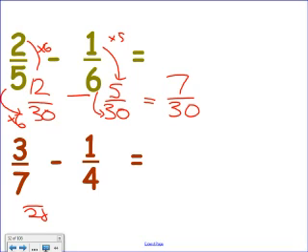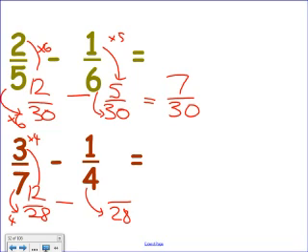I worked out that 7 times 4 equals 28. So that becomes our common denominator. Brilliant. And then to get from 7 to 28, I times it by 4. Brilliant. And then obviously you times your 3 by your 4, which gives you 12. Superb. To get from your 4 to 28, I times it by 7. You did.